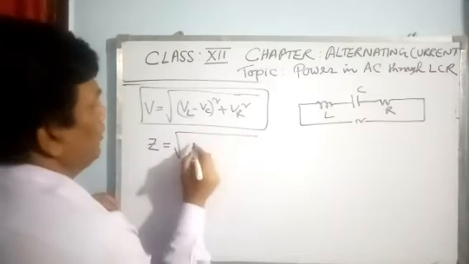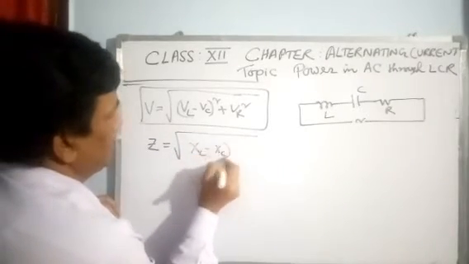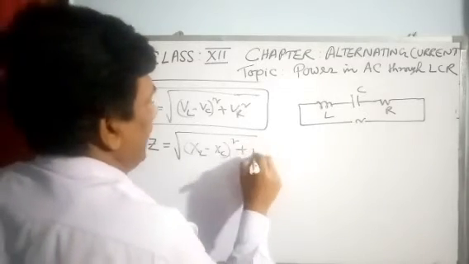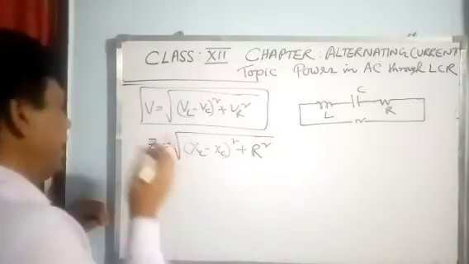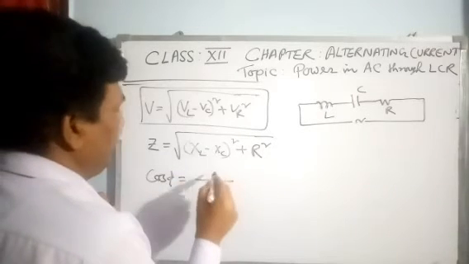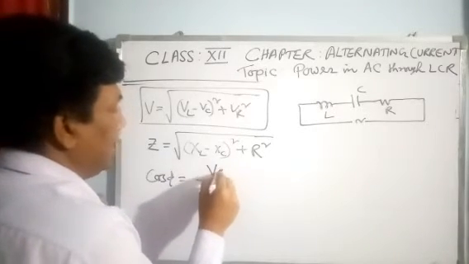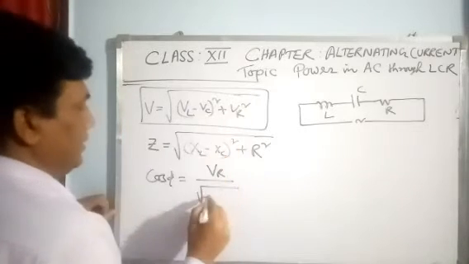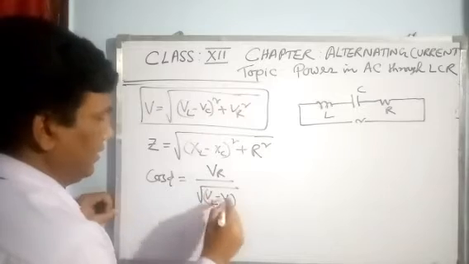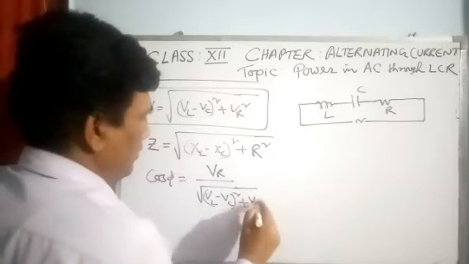We found the net resistance, XL minus XC. These are all important for solving numericals. And what is the cos phi? We found it is VR upon the square root of (VL minus VC) whole square plus VR square.